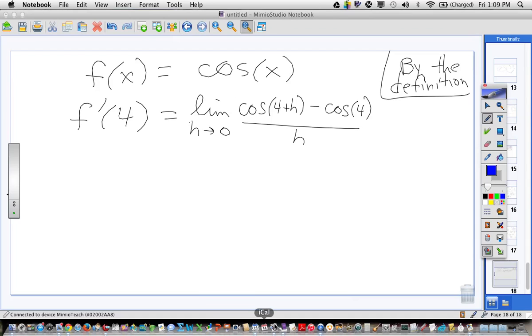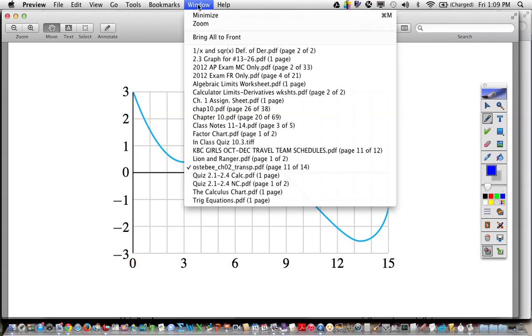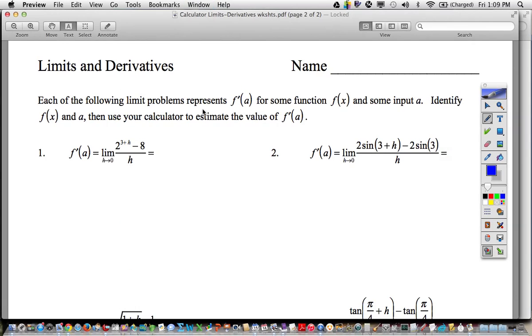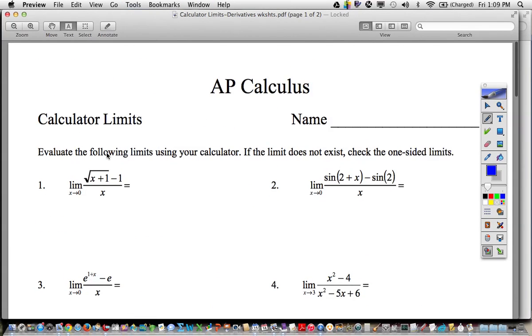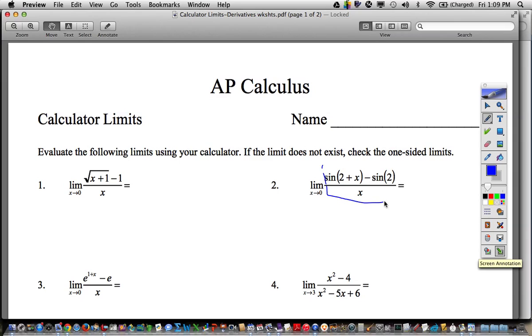Let me pull up that worksheet. What did you plug into your calculator on this problem right here, number 2? You plugged in this whole mess, everything but the limit piece, right? And you looked at what was happening as x got close to 0.